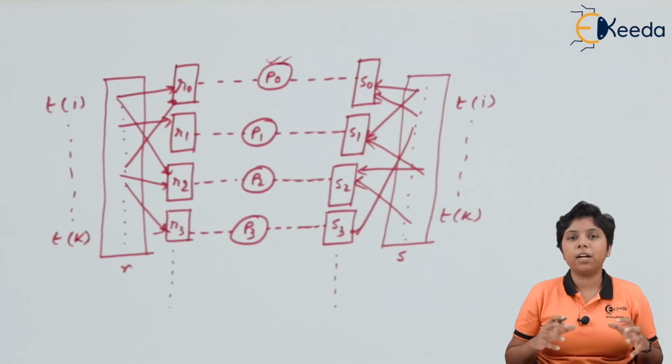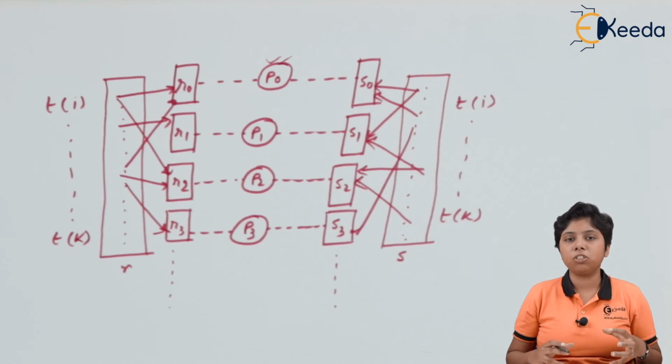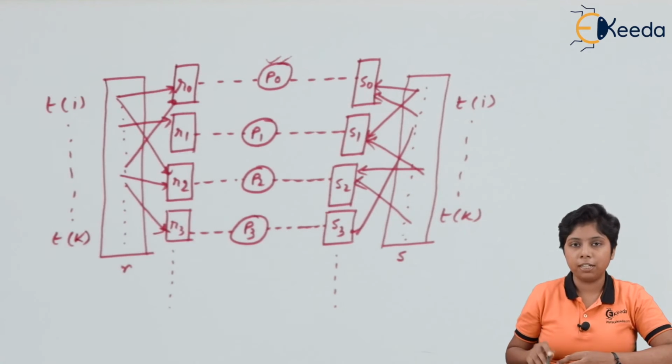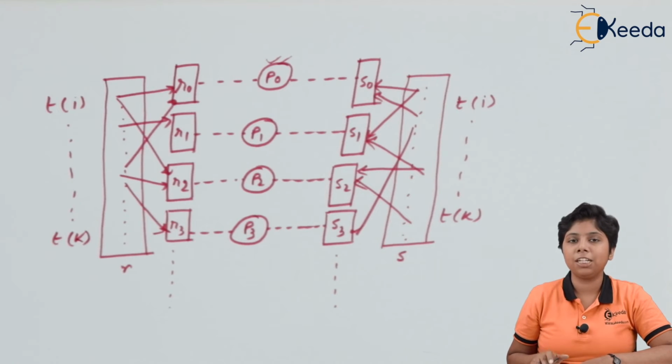So we can see that there is some partitioning that needs to be done between the relations. If the partitioning is already there, then it is no problem just to join them inside each of the processors. But if the partitioning has not been done, then we need to first partition it and then perform the joining.